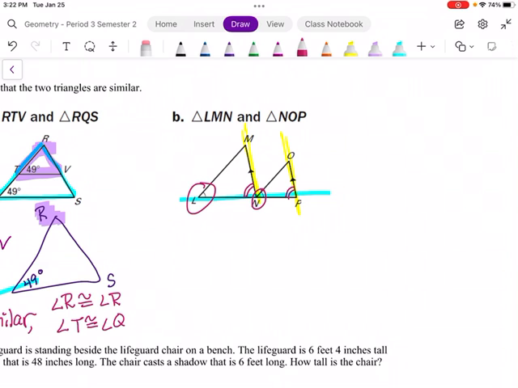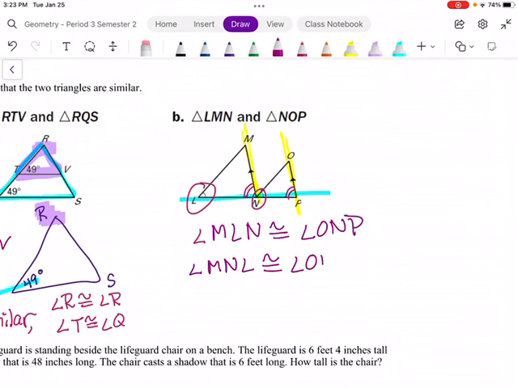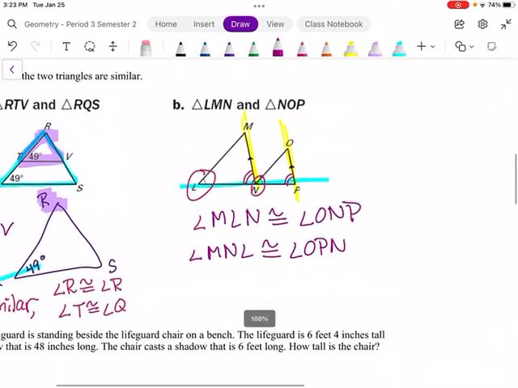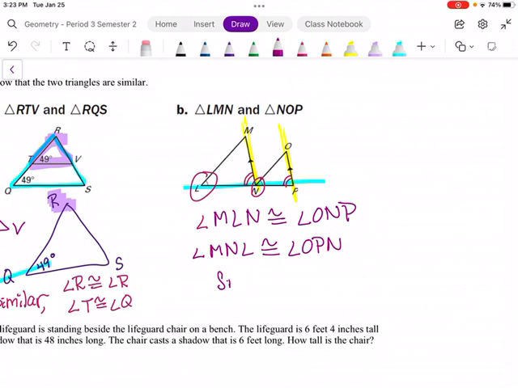So you could say angle MLN is congruent to angle ONP, that was given. And then we also know angle MNL is congruent to angle OPN. And we found that with our corresponding angle pairs. So then, yes, these are similar by angle.